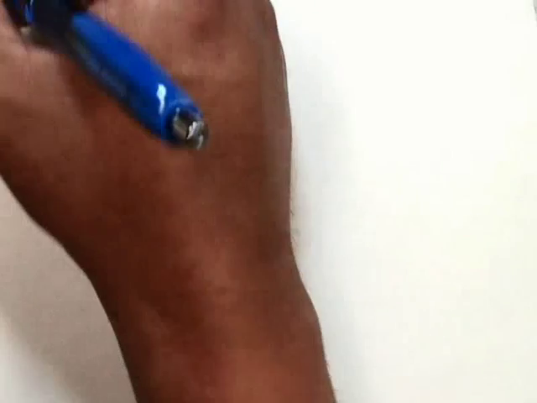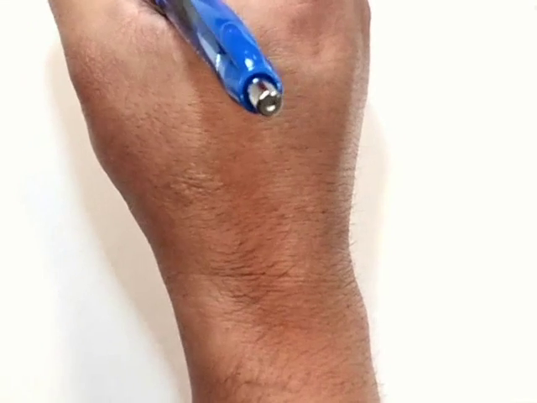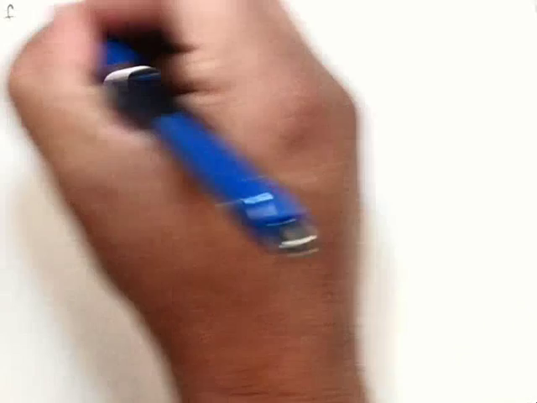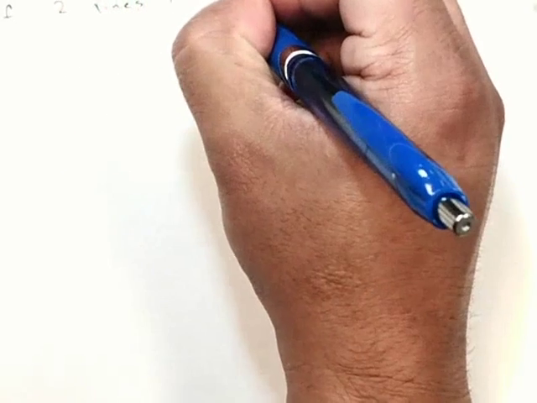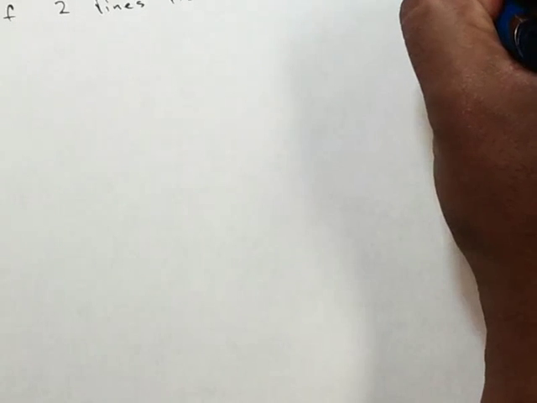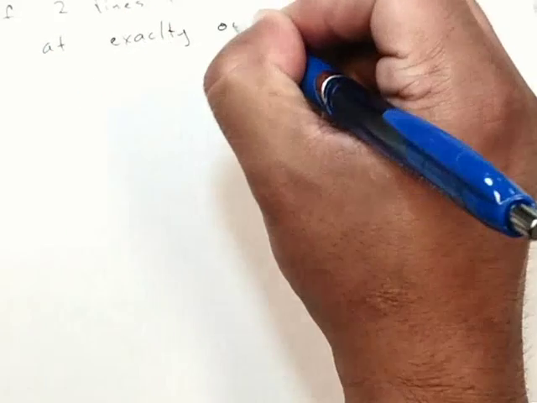All right, next we're going to talk about intersections, different kinds of intersections. So the first one I would say that if 2 lines intersect, they intersect at exactly 1 point.